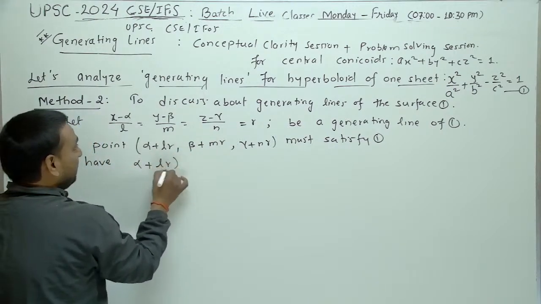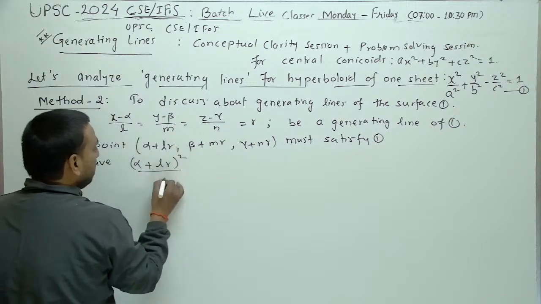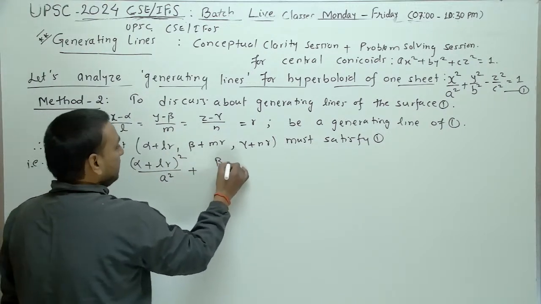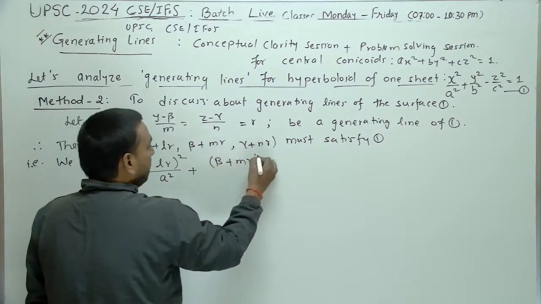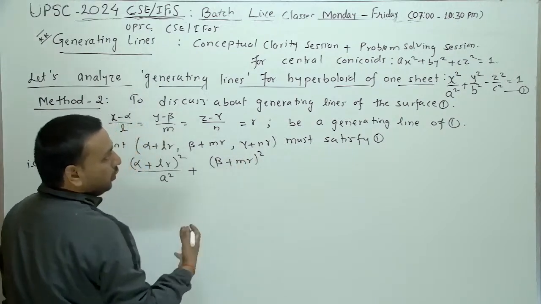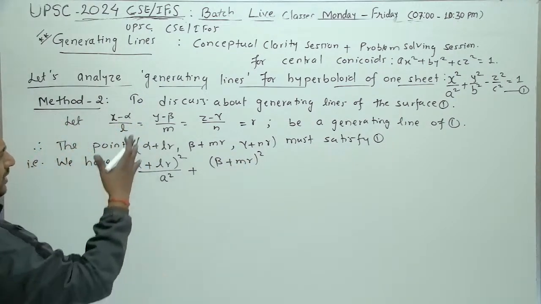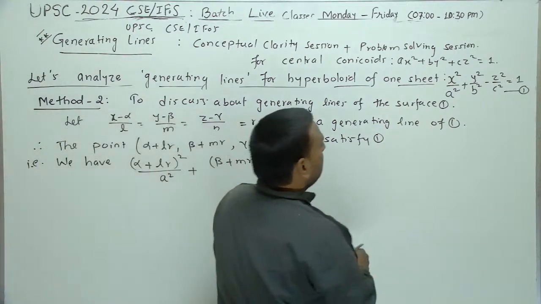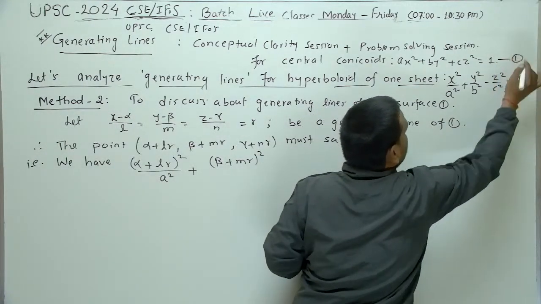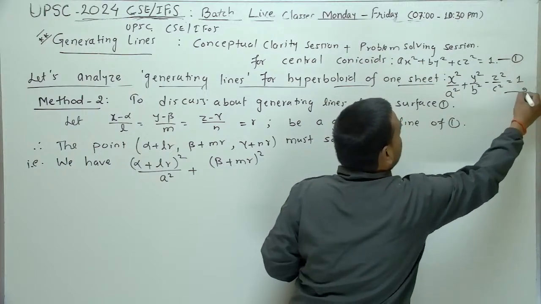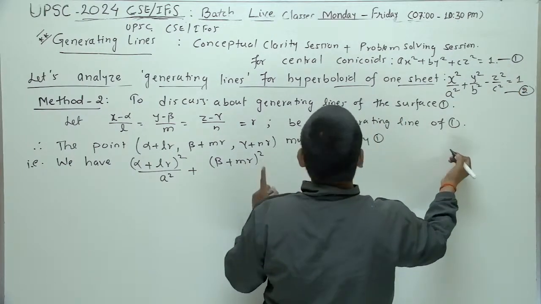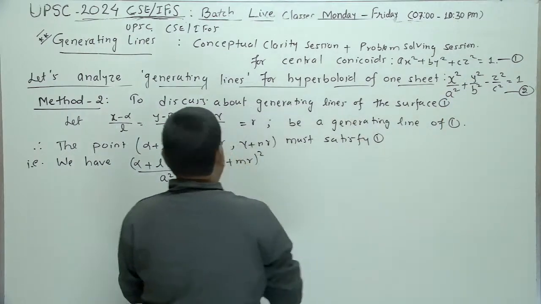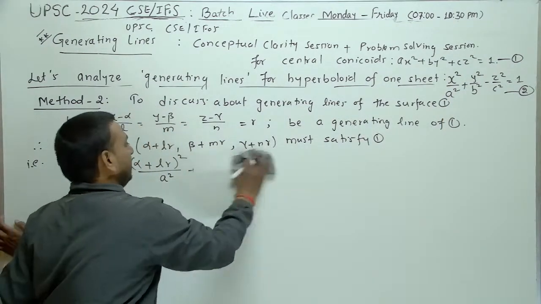अल्फा प्लस एल आर का होल स्क्वायर डिवाइडेड बाई ए स्क्वायर प्लस बीटा प्लस एम आर का होल स्क्वायर. हम चाहें तो जनरल इक्वेशन पे कर देते हैं, हाइपरबोलॉइड पर ही क्यों करें. Let's say I give this equation as well, and let's say this is the equation 2. और हम डिस्कस कर लेते हैं 1 के लिए, एक ही पे काम हो जाएगा.